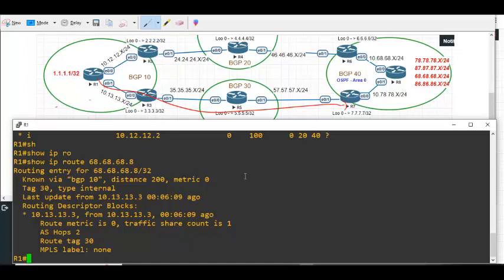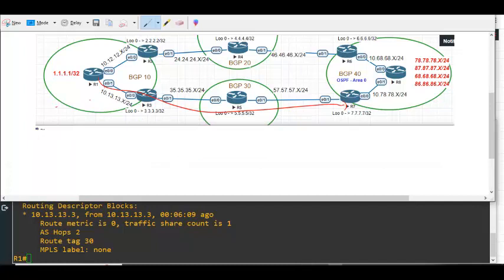Now, if I shut down a neighbor, say for example, I'll go to router 5. I'll shut down this neighbor. After shutting down, I'll come back to the same command on R1.